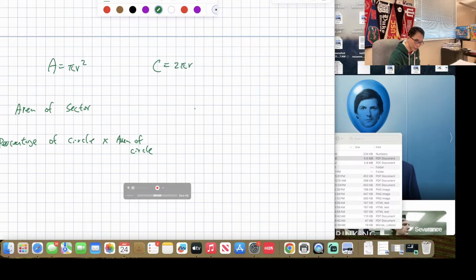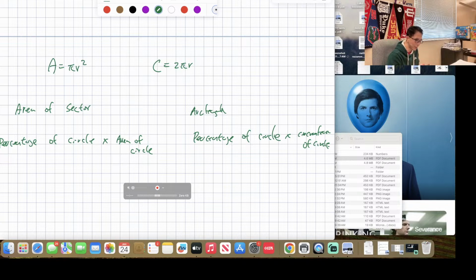And the arc length is a percentage of circle times circumference of circle. Okay.